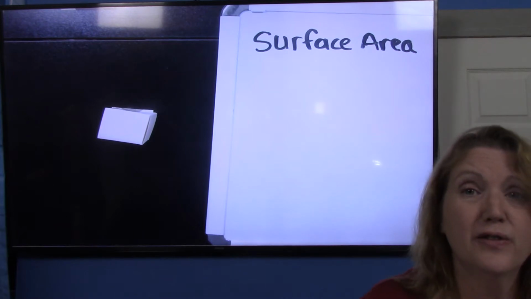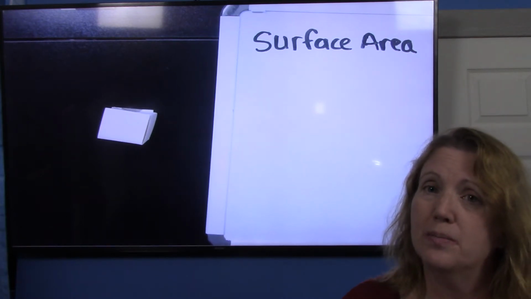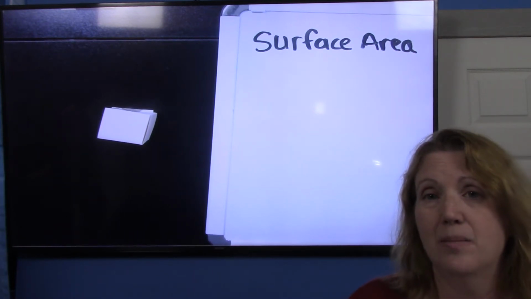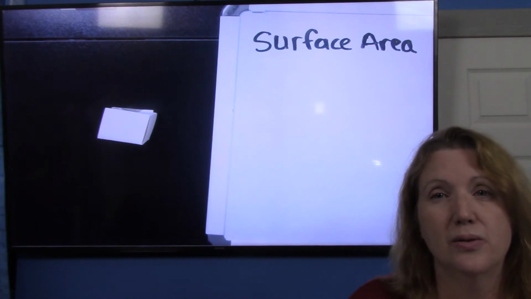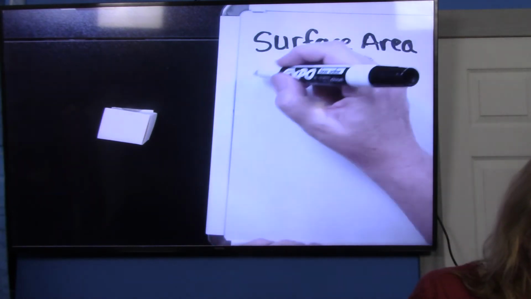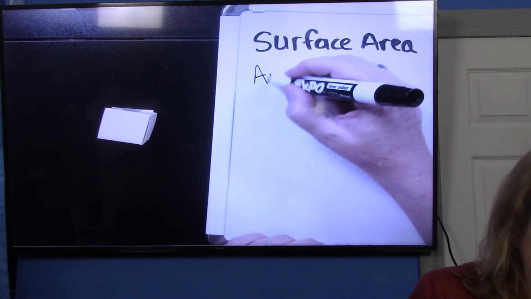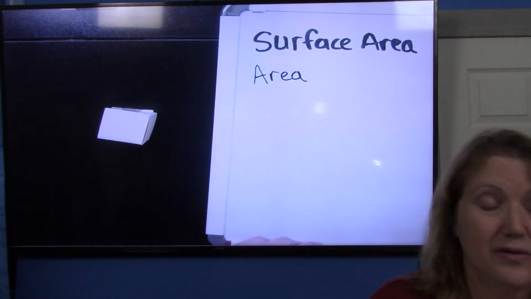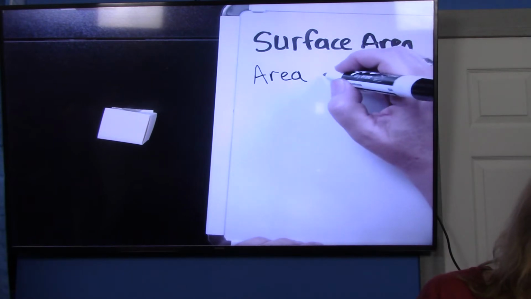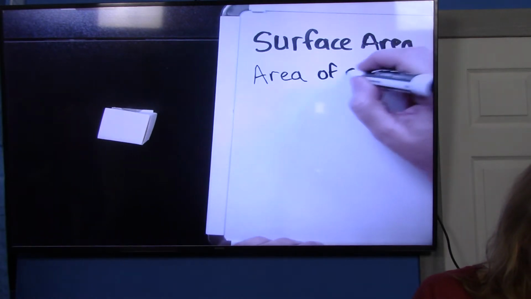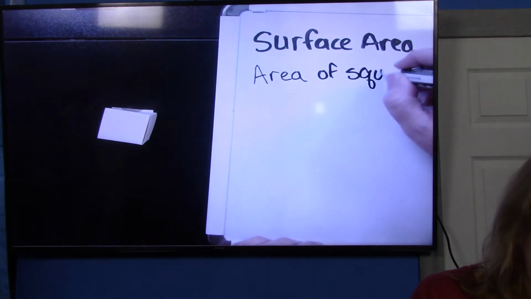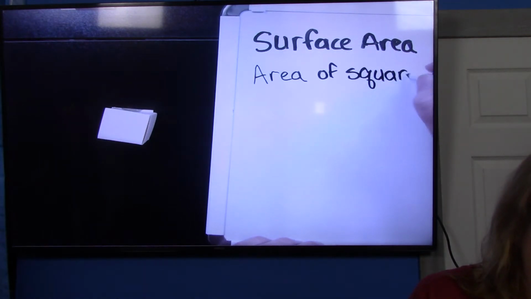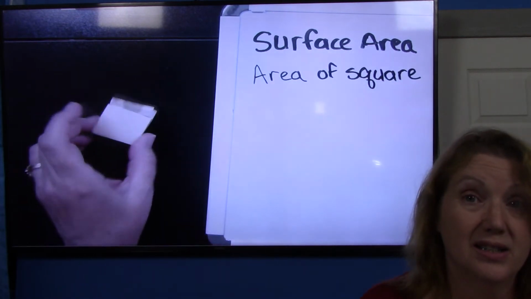Well, first, surface area has one important part in the name that we need to know how to do, and that is to find the area. Now, the area of a square, because that's what our cube looks like, it looks like a square on each side.